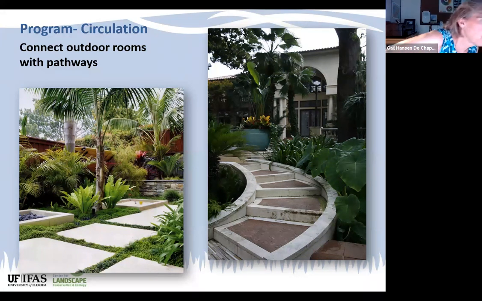I never used to think of pathways that way, but more and more as I do more designs, I use my pathways actually as a feature in the landscape. And the reason why I'm mentioning it is because you need to have circulation, but you can also use your pathways as a really cool feature for your theme that you're going to choose. Because your pathways can be designed in many different ways.